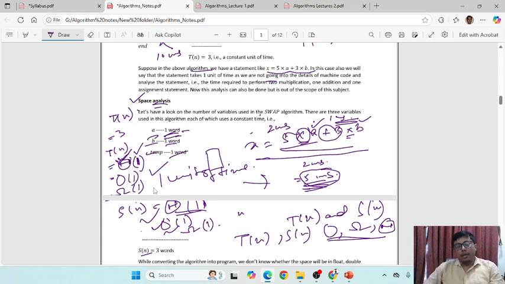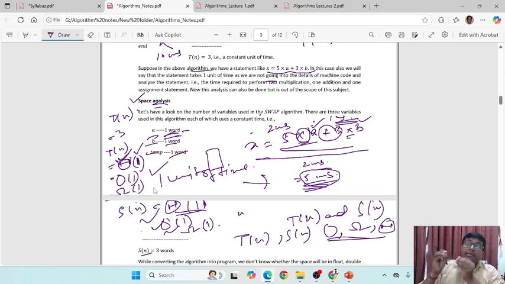While analyzing, I can say one thing: first try to analyze the time and space function in terms of the tighter bound, that means in terms of big theta. I will discuss each of these three asymptotic notations in detail. But for the time being, remember this as a thumb rule: if you have a tighter bound, you should always represent the time and space function with that tighter bound using the asymptotic notations.